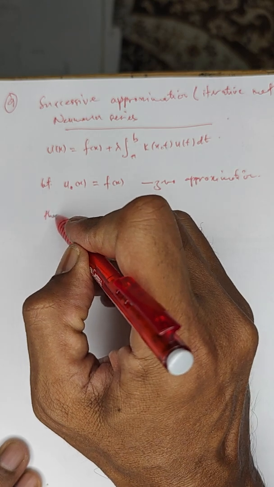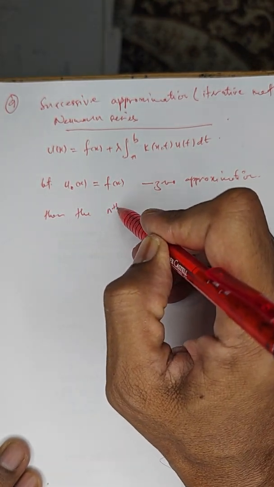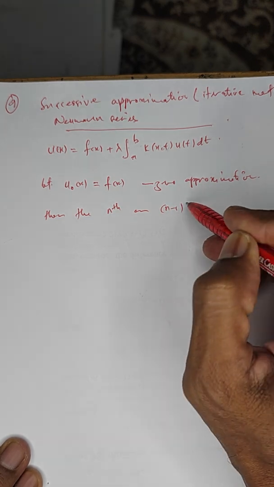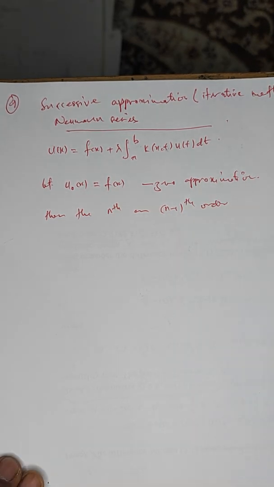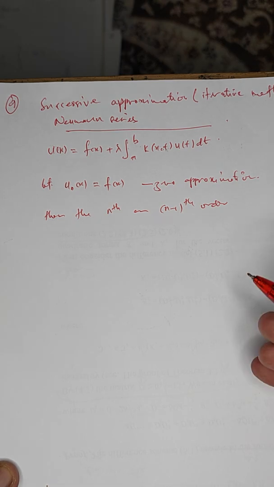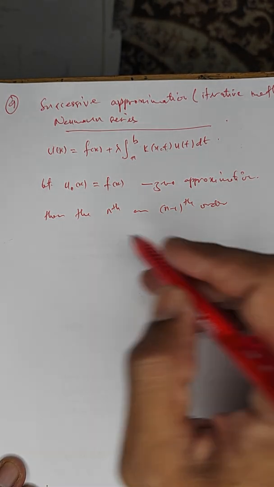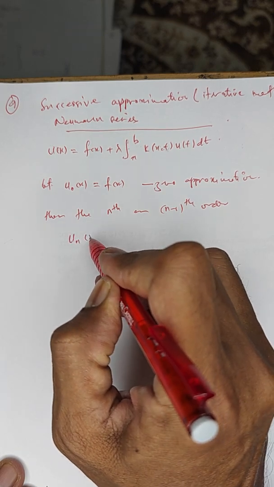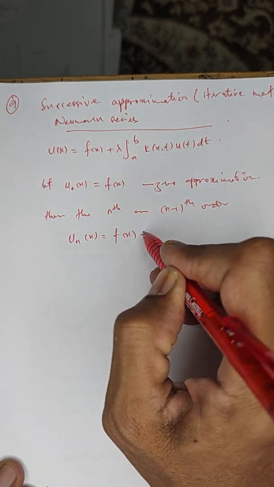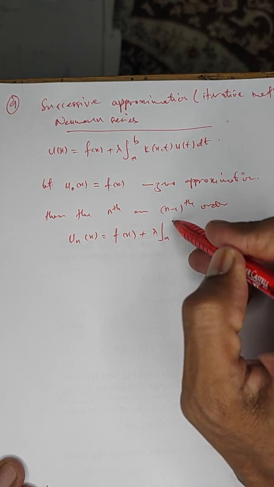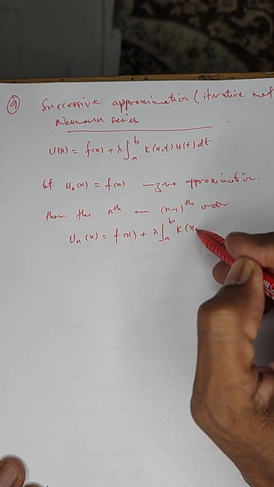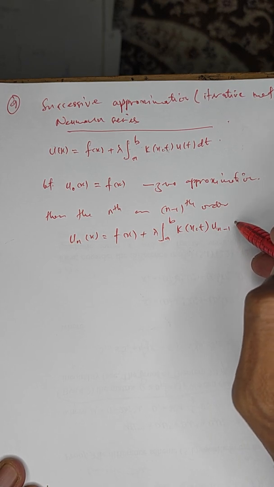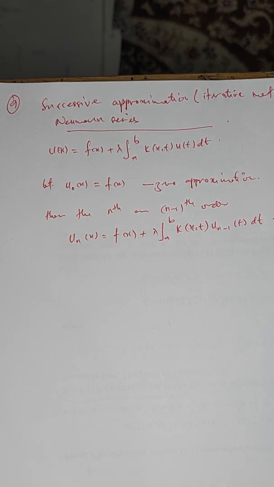Then the nth order and (n-1)th order approximations of u(x) are related by un(x) = f(x) + lambda integral from a to b of K(x,t) u(n-1)(t) dt.